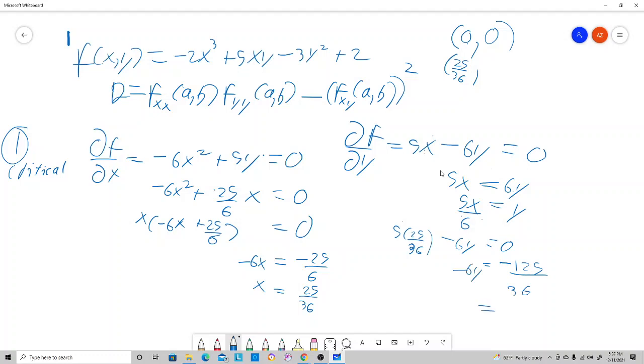Then we can figure out that y is actually 125 over 216. They're not very nice numbers, but they're critical points. So these are our critical points.